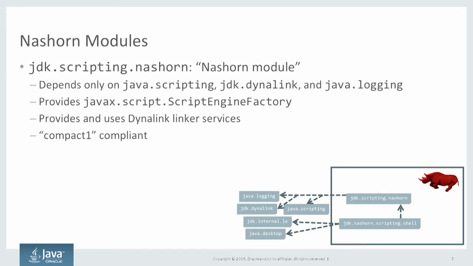An overview of the modules that constitute the Nashorn system. The jdk.scripting.nashorn module contains the runtime. This is also the module that constitutes the compact1 compliance. It relies on only very few external modules: java.scripting, obviously, jdk.dynalink, and java.logging.